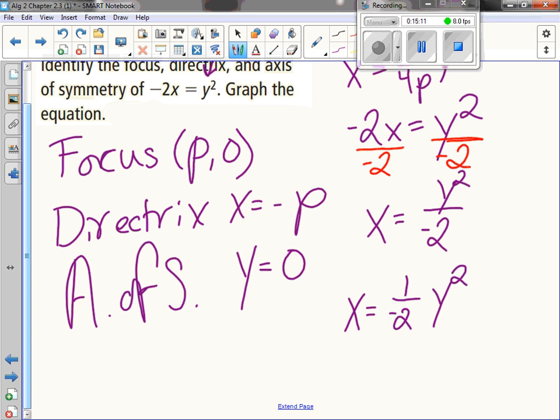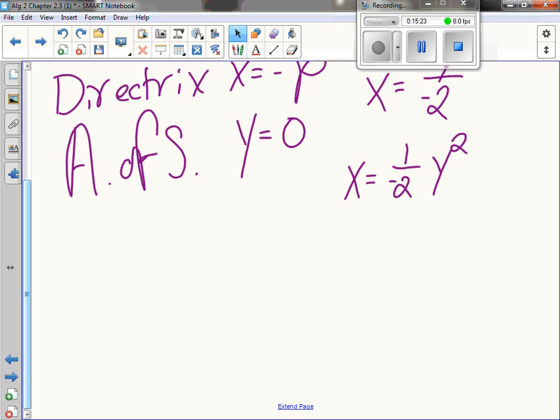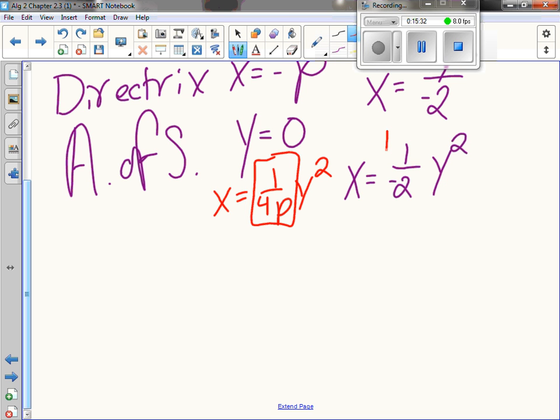Now I rewrite it like this because I want that 1/4 so that we can see what we're matching up with, 1 over 4p, more clearly. Because again, this is matching up to our 1 over 4p y squared. 1 over 4p is matching up with our negative 1/2. These connect.